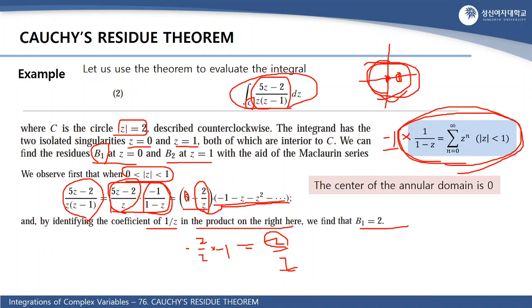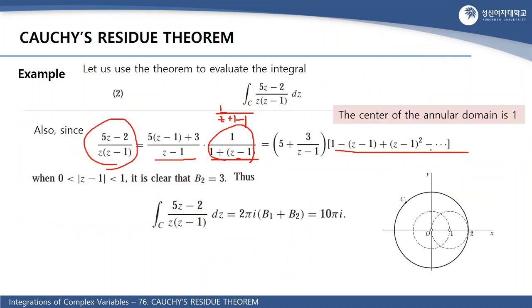Look at the formula here: the function 1 over (1 minus z), but in this case it is 1 plus something, so we need to consider 1 minus negative (z minus 1) here.